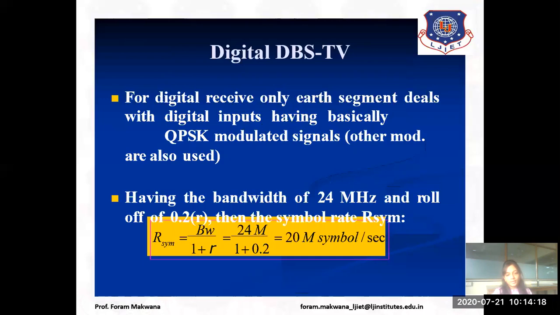To calculate the symbol rate, the equation is bandwidth divided by 1 plus roll off rate. Bandwidth is given, it is 24 megahertz, roll off rate is 0.2. So we can say that our symbol rate is 20 mega symbols per second. With the help of this digital DBS TV receiver, we can receive 20 mega symbols per second based on the bandwidth.